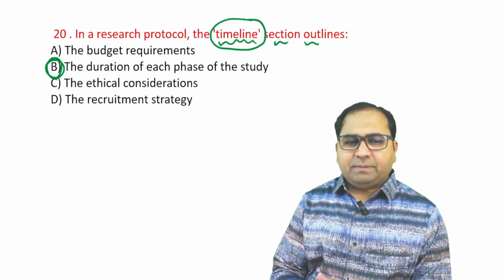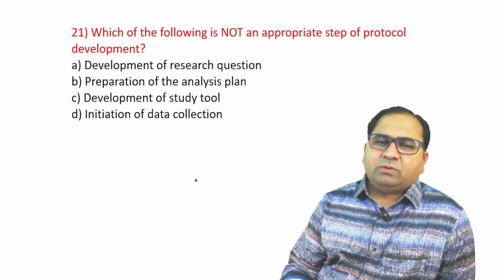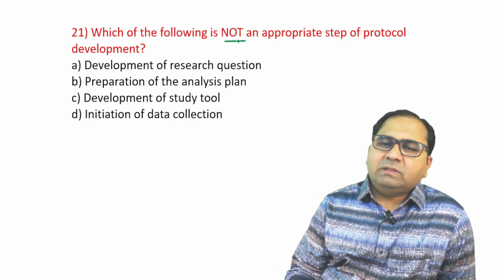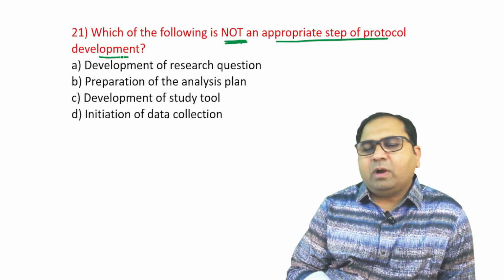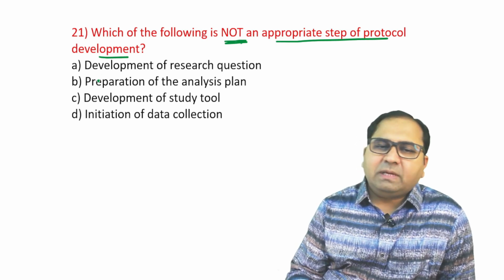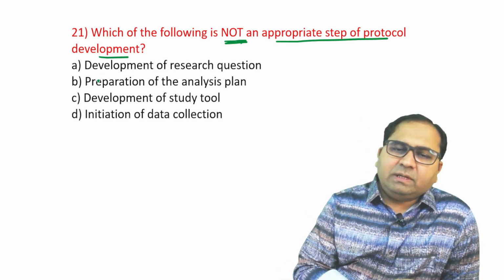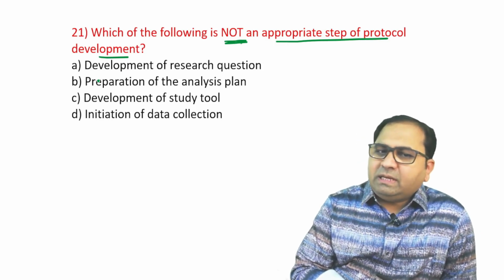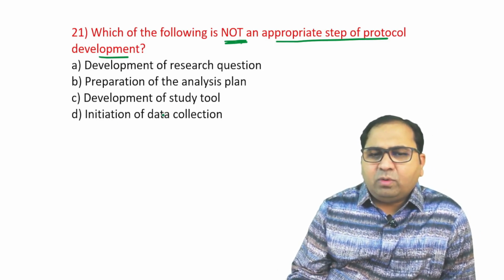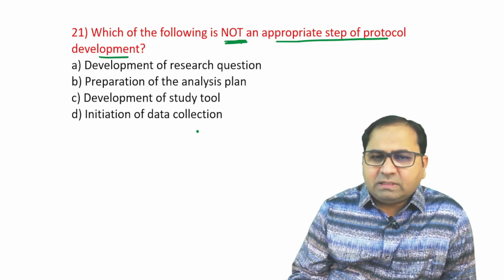Okay. The next question. Which of the following is not an appropriate step of protocol development? Options are A. Development of a research question, B. Preparation of the analysis plan, C. Development of the study tool, or D. Initiation of data collection.